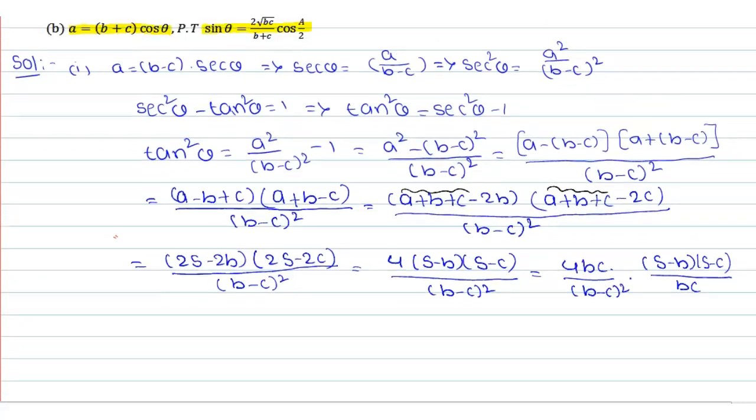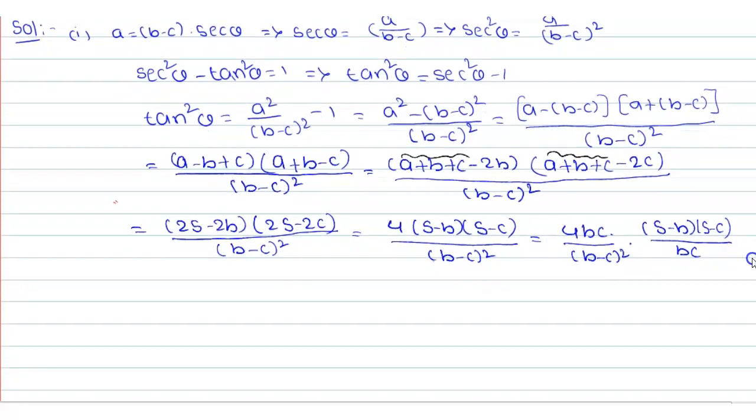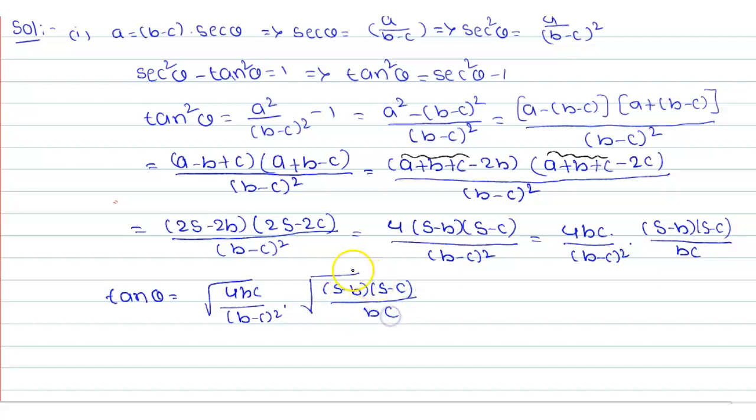Now in the question he is asking to take sine A by 2. Here the left side is squared, so I am writing it as tan theta is equal to under root 4bc by b minus c whole square into, separately, root s minus b into s minus c by bc.